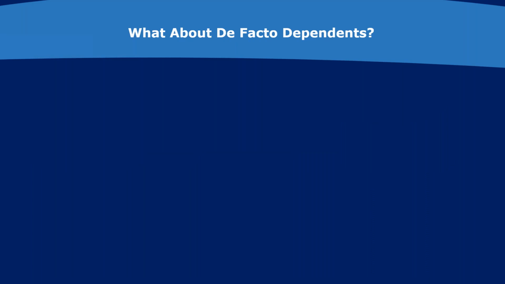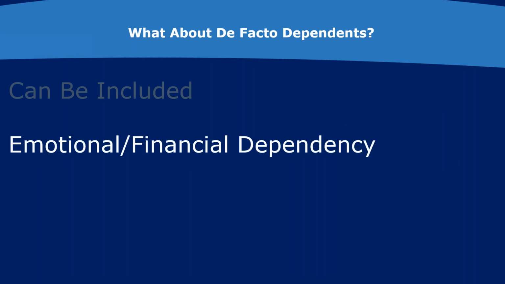So moving on to de facto dependents. De facto dependents can be included, and the test for de facto dependency is emotional and/or financial dependency between the two parties. So for example, say you have a nephew or a niece whose parents are missing or presumed dead, or they have died, and they are being looked after by their uncle or aunt.